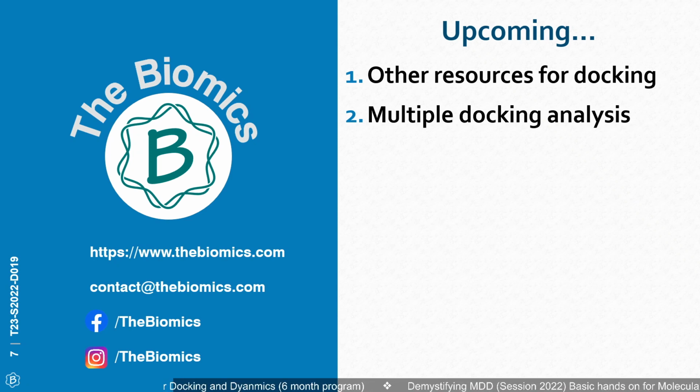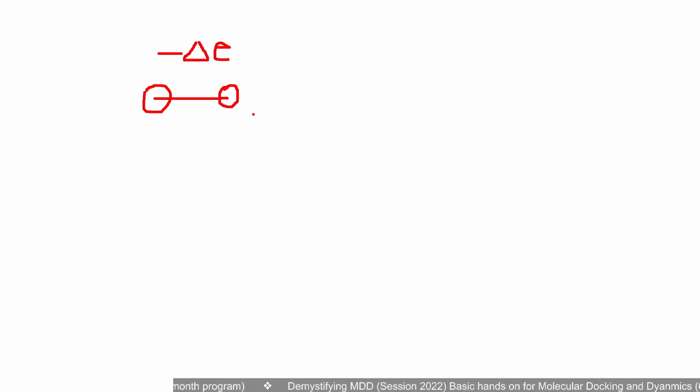See, I would suggest one thing. You already understand that if two atoms are interacting with each other, then based on the type of interaction, there will be some free energy, a negative energy, for the stability of the system.